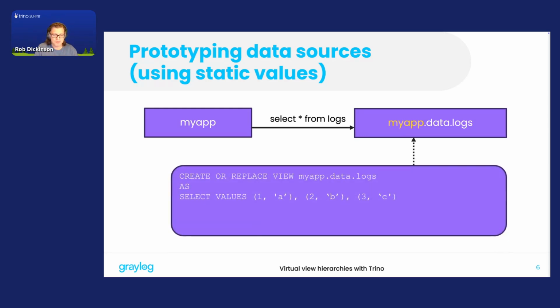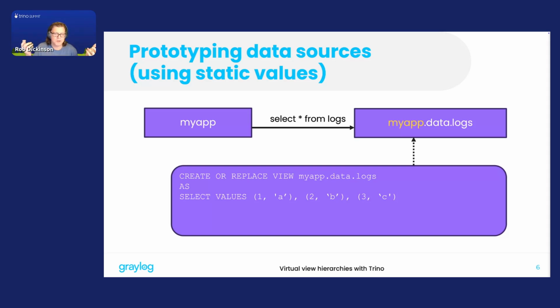Trino has this wonderful capability. You can define views that basically have static result sets embedded in them. In this case, this is a key value looking data set that has 3 rows each, 1, 2, and 3. And now that I'm putting that data into this virtual view, from my application perspective, it's querying it as though it was coming from a real database.